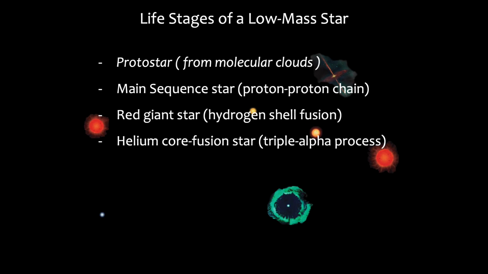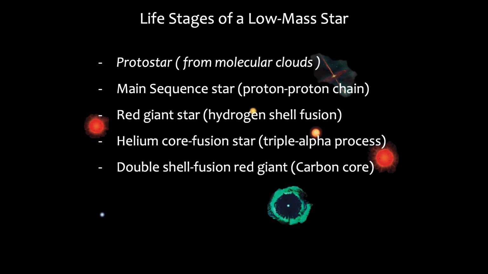And this is going to go through the horizontal branch, and then result in a double shell fusion red giant, in which you have a carbon core, helium shell, and a hydrogen shell, especially when the helium core is no longer fusing.